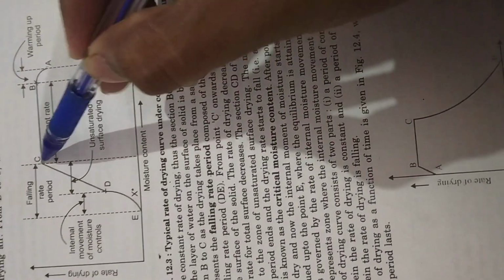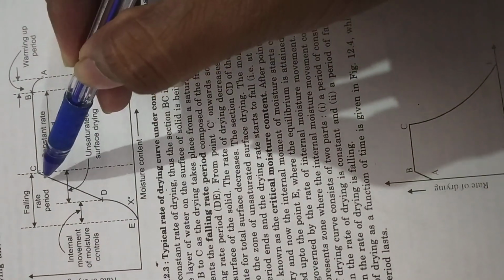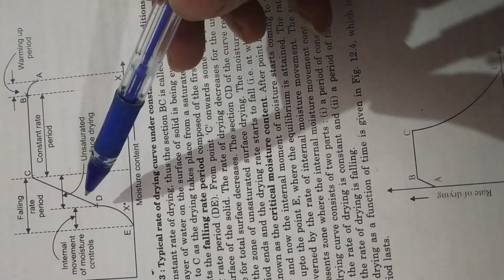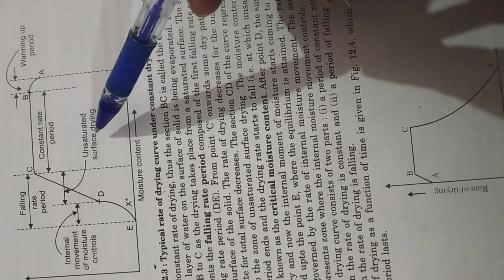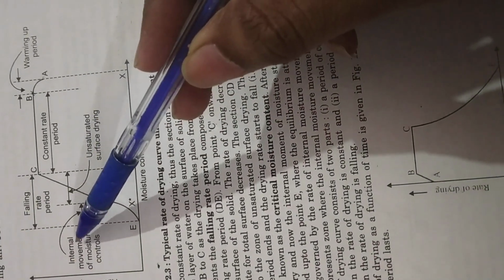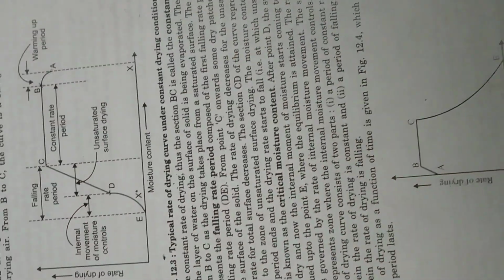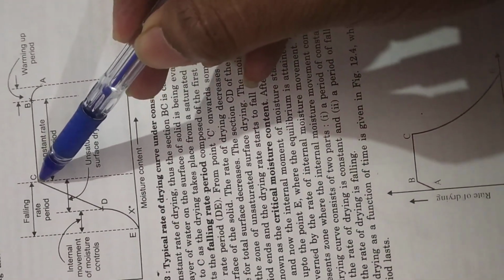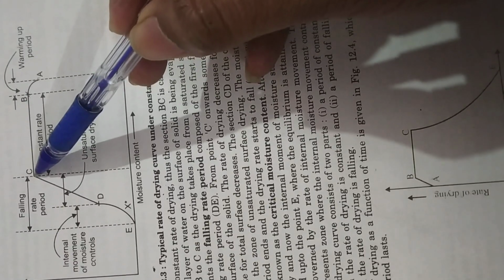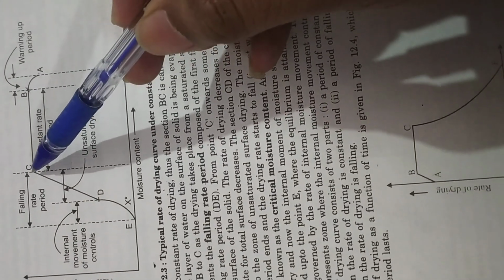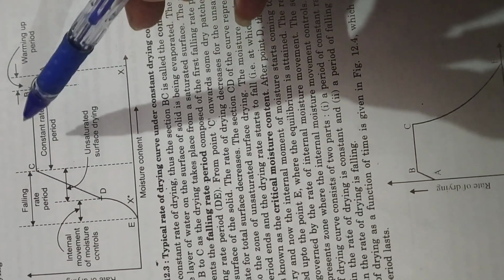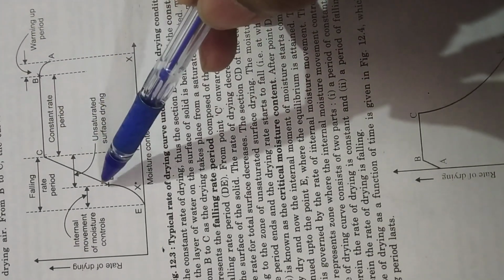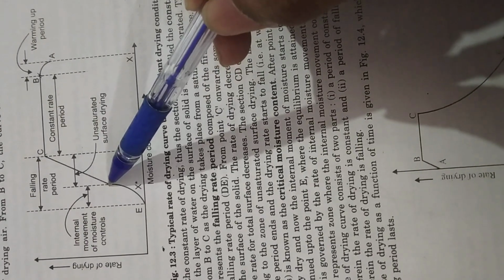After this constant rate period we have a falling rate period. This falling rate period is divided into two portions: first is unsaturated surface drying, and the last one is internal movement moisture control. Unsaturated surface drying means we have a saturated point here, and after that we give thermal energy. Then unsaturation happens on the surface of the solid, so we have unsaturated surface drying up to here.